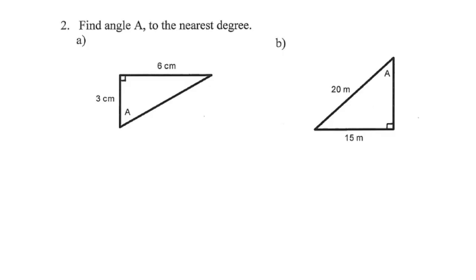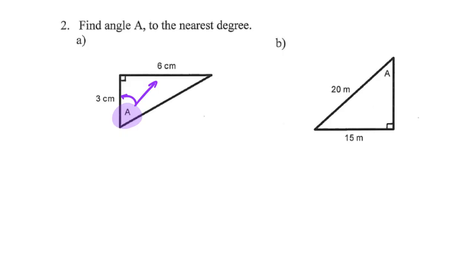You're taking a look at the diagram in A, and now we need to put our non-writing index finger on that angle, because from angle A, you now have named sides. You can see that side 6 is your opposite. You can see that side 3 is your adjacent.